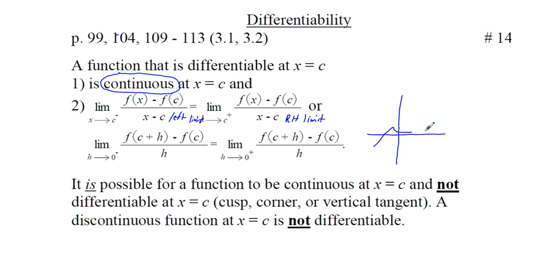So the function would be continuous but not differentiable there. Or you could have a corner, or you could have a vertical tangent line. In these three instances, you would not have differentiability at that cusp, at that corner, or at the point of vertical tangency. So things to look out for.